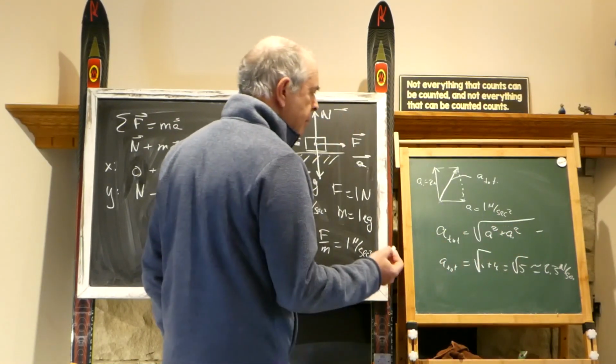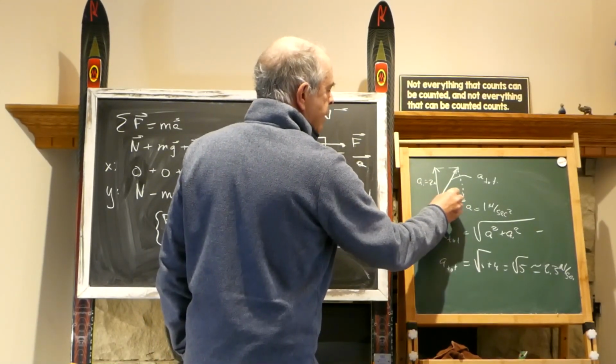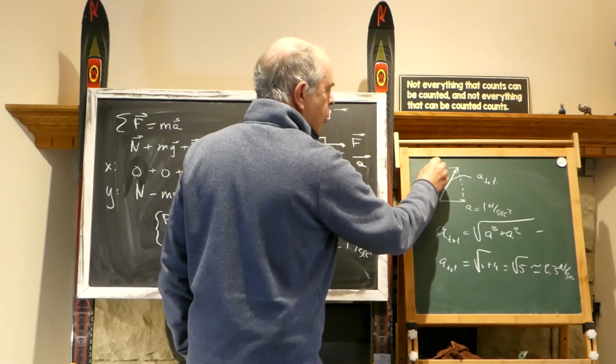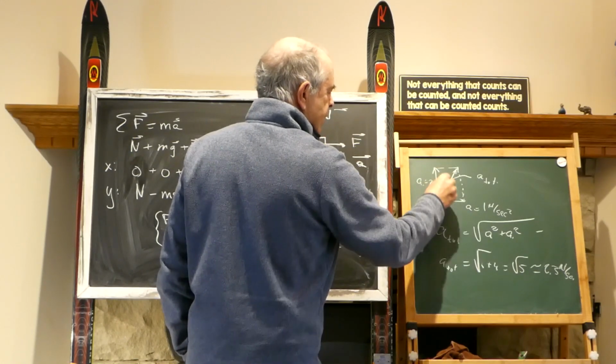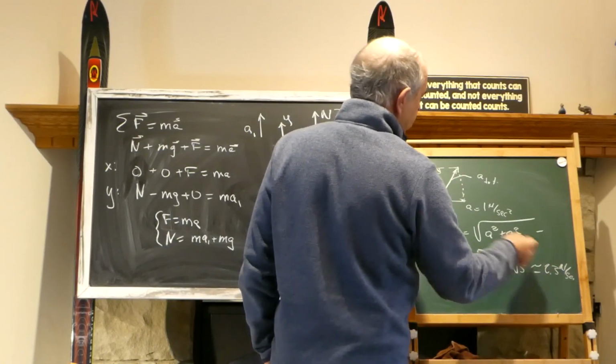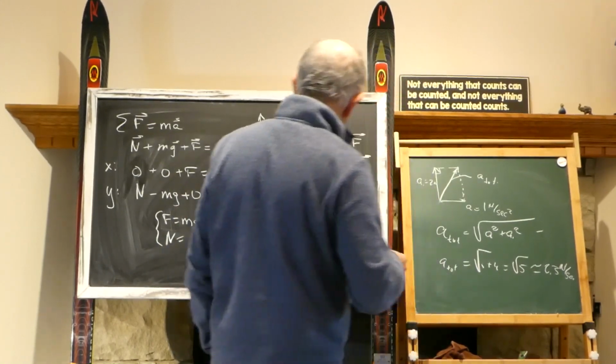And it's reasonable, because if this is 2 and this is 1, when we add those, it should be more than either one of those, more than the longer side of this right triangle. So this hypotenuse is a little bit longer, 2.3.